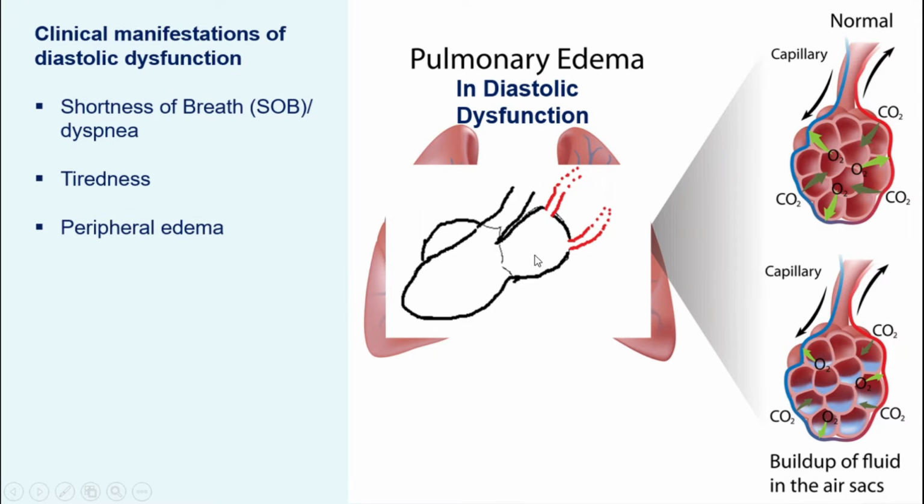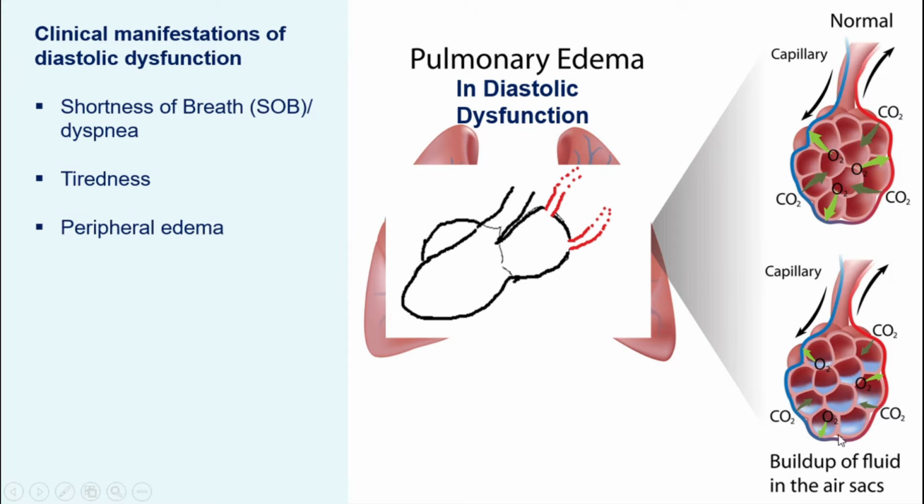As we know, the left side is a confined and closed fluid system. So when the pressure inside the left atrium increases, pressure in the pulmonary veins increases too, and even the pressure will be equal to the pulmonary capillary wedge pressure, meaning pressure at the capillary level increased.